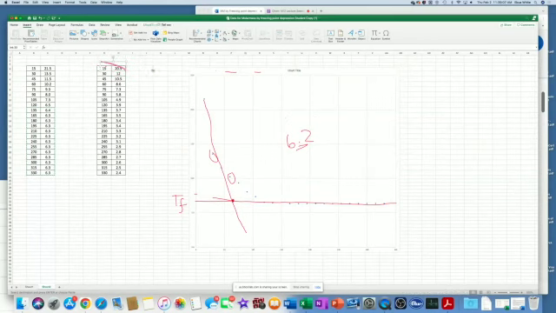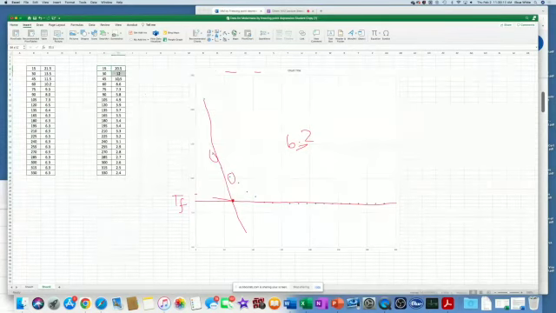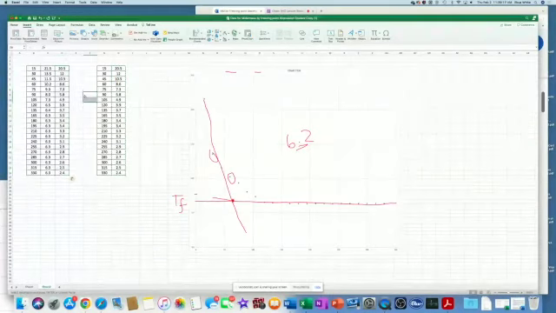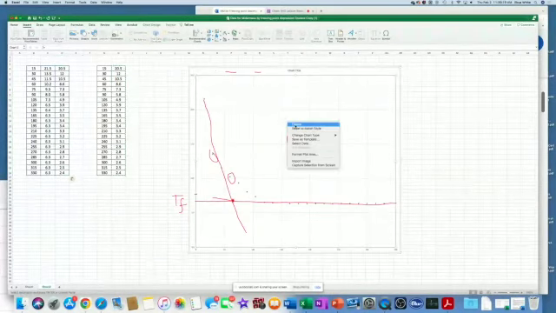I'm going to try to combine both graphs at once, so I'll delete the whole graph right here.